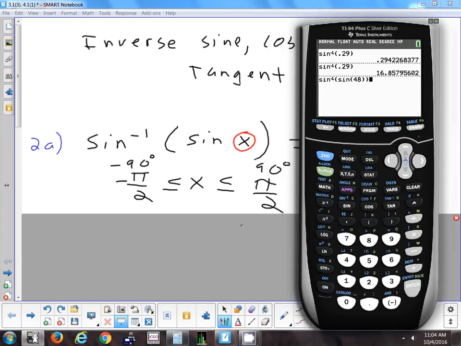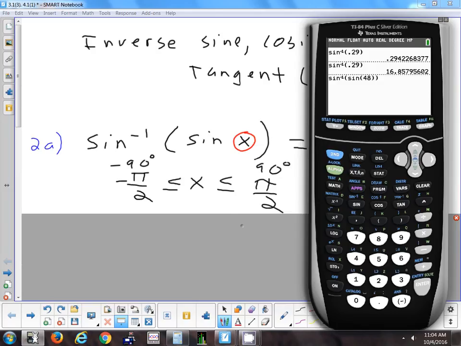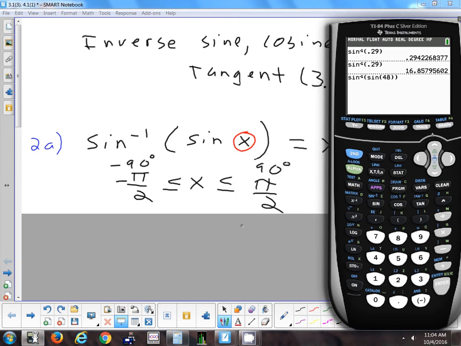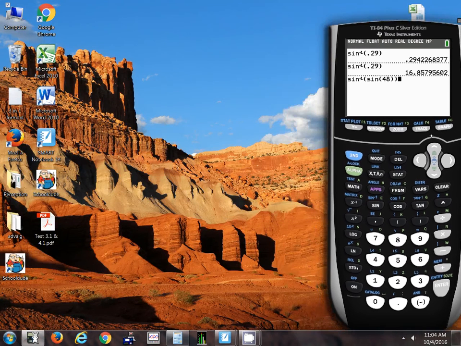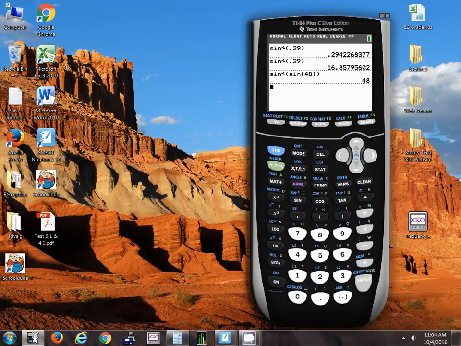And what should I get when I hit enter? Kyle? Your x value, which in this case is 48. So I hit enter, and that's what I got.